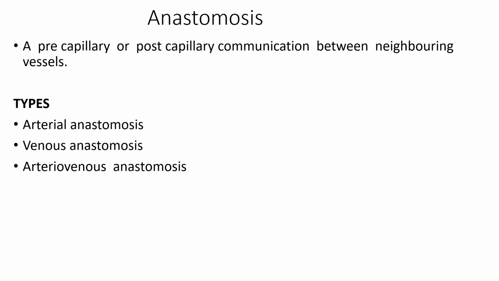When communication is established at the level of precapillary or postcapillary neighboring vessels, it is known as anastomosis. Anastomosis is of three types: arterial, venous, and arteriovenous.